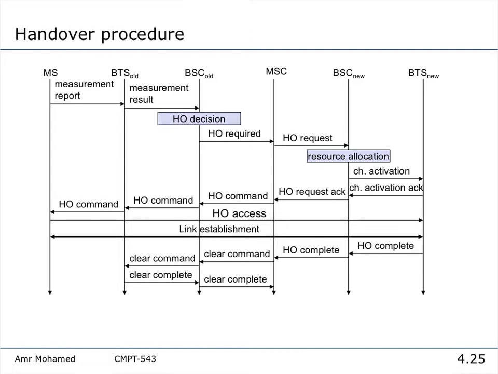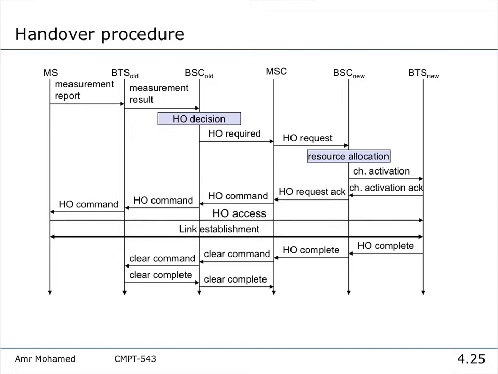Then the PTS will send a handover complete to the mobile station center, and at this stage only, I can release the resources from the old one. Which means that you have to do everything and establish the link end-to-end and make sure that this link is established and get positive acknowledgement before you start breaking or releasing the resources from the old one.